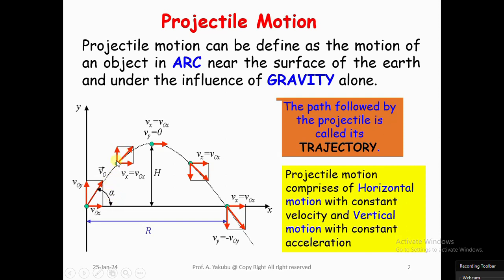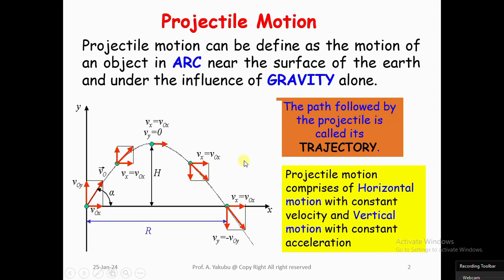At every point we have the y component, the x component, and the velocity itself. At this point the velocity becomes 0 in the y direction before you start proceeding downward. With this in mind, we'll have the height of the projection. This is the range of the projection, where the motion was kicked, either a ball or a stone was catapulted, and the range is the distance covered by the flight of the object that is thrown.